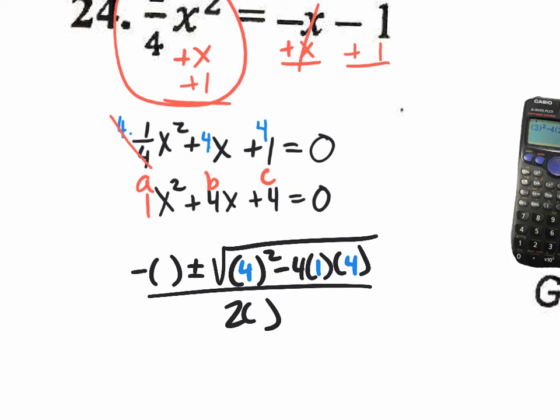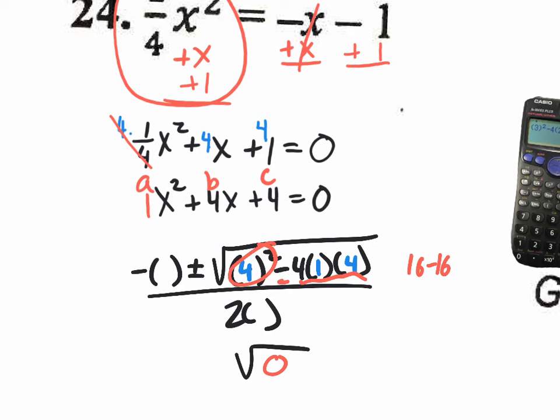So we end up with a 16 right here, minus 16. So the discriminant value inside is going to be 16 minus 16, which is 0.